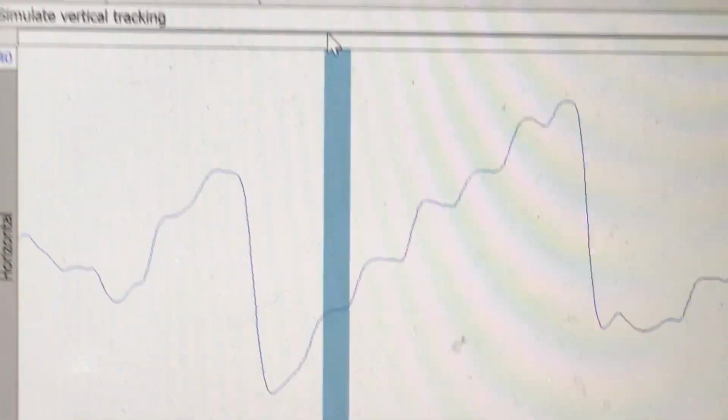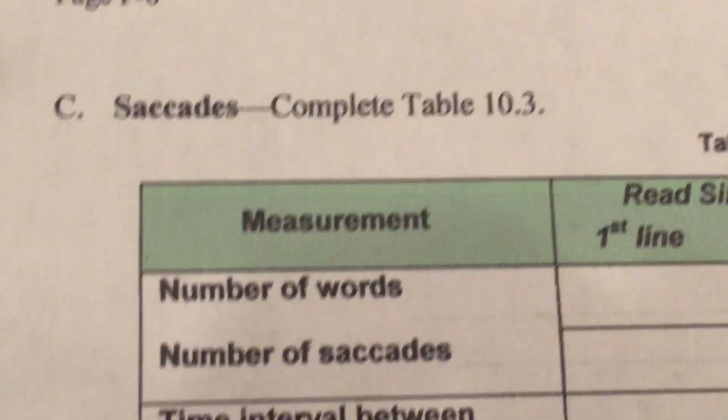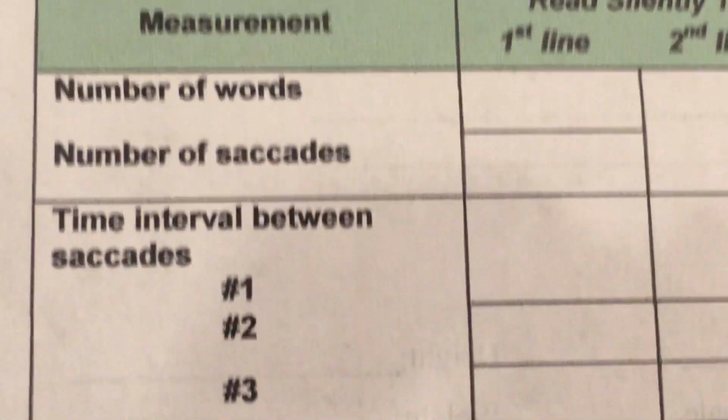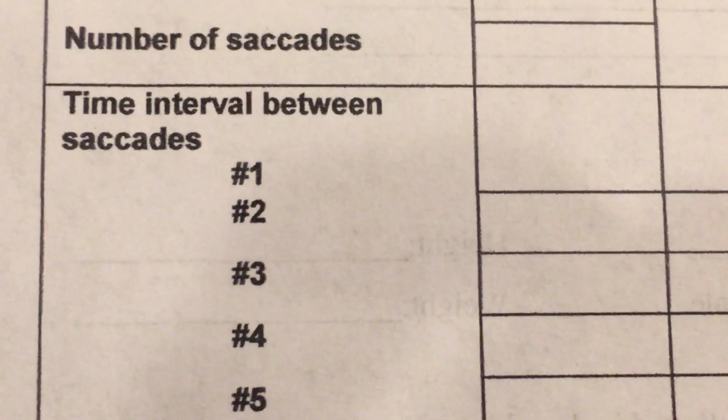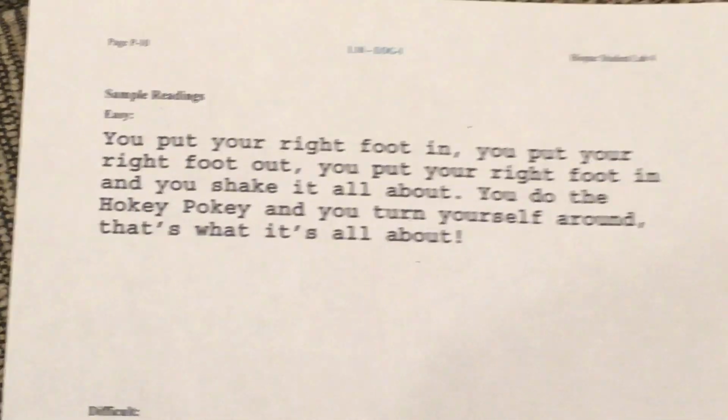So there's the first data point for table 10.3. Not the number of words, not the number of saccades. You're going to have to figure that out, and you'll be able to figure out the number of words from this data passage, which is in the PDF file that you'll find.